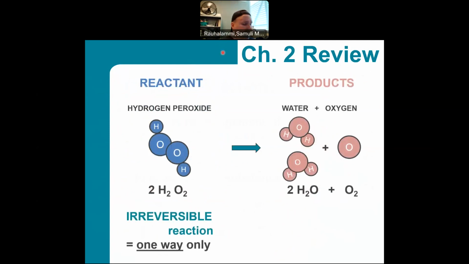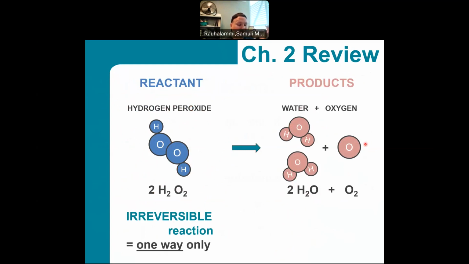Here we have another type of example. Here we have hydrogen peroxide, which is actually made of a combination of hydrogens and oxygens. What typically happens to hydrogen peroxide over time, if we just leave it in a beaker at room temperature, is that these hydrogen peroxide molecules start breaking down into water and oxygen.